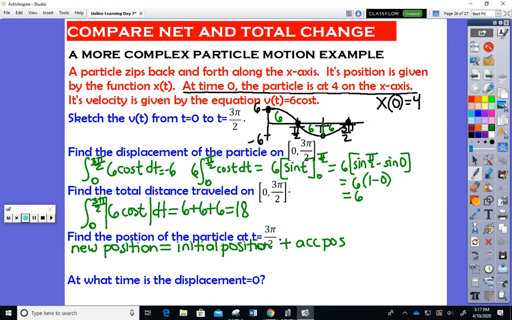Well, its new position would be its position on the x-axis at time 3 pi over 2. Its initial position is where it was at the beginning when time was 0. Its accumulated position is the integral, and accumulated position is the same thing as net. It's the same thing as displacement.